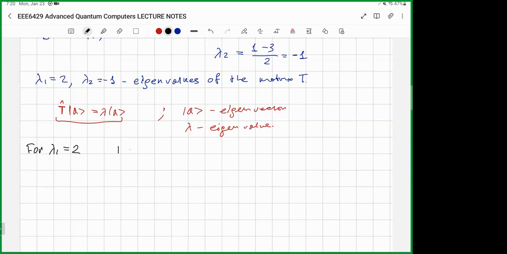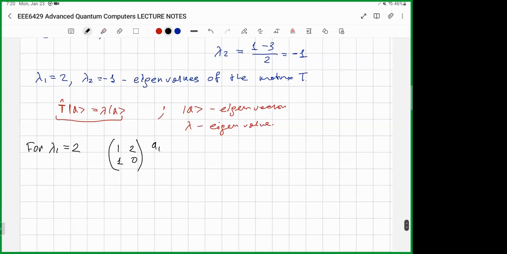So the matrix is 1, 2, 1, 0. Then I should multiply this by the components of the eigenvector, and I don't know this eigenvector yet, right? So let's denote it by a1, a2. These are the components of my eigenvector, and it's equal to lambda, which is 2, times the same vector, a1, a2.